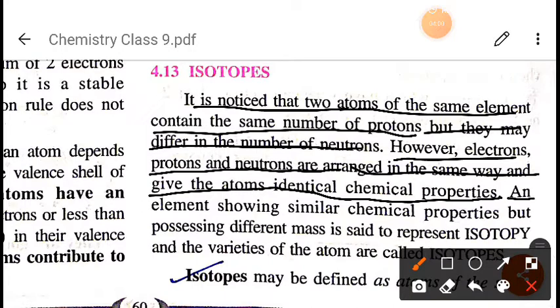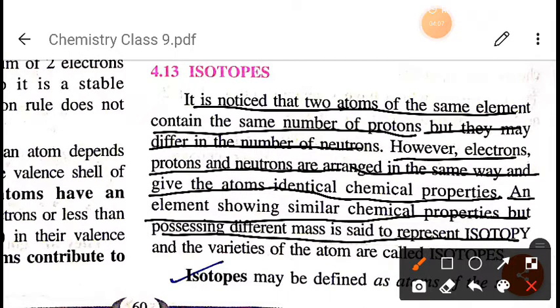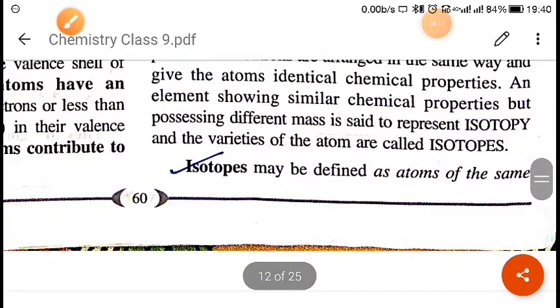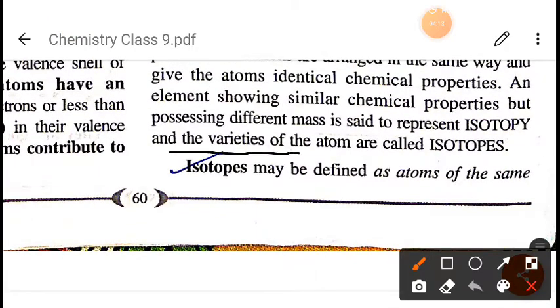An element showing similar chemical properties but possessing different masses is represented as isotopes, and the variety of atom is called isotopes. So isotopes are the atoms of the same element having the same atomic number but different mass number. I hope you have got some idea about isotopes.